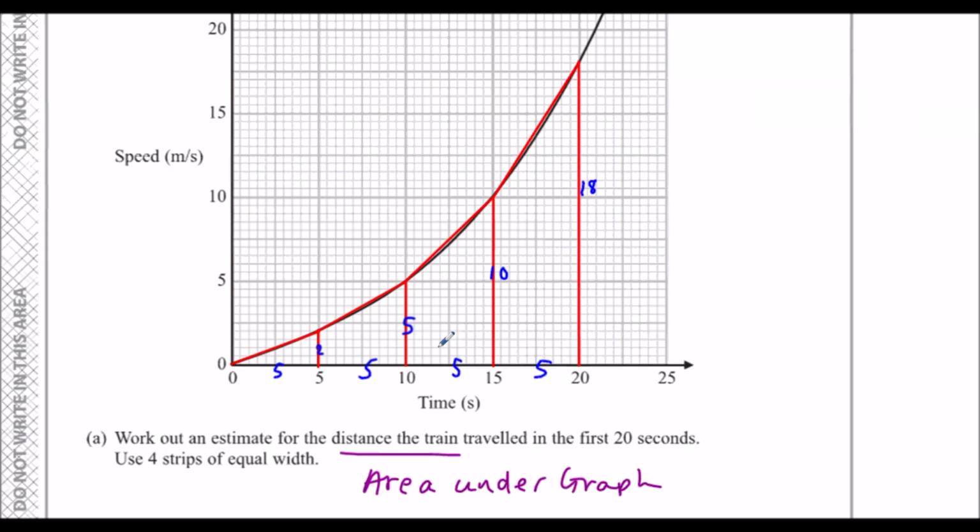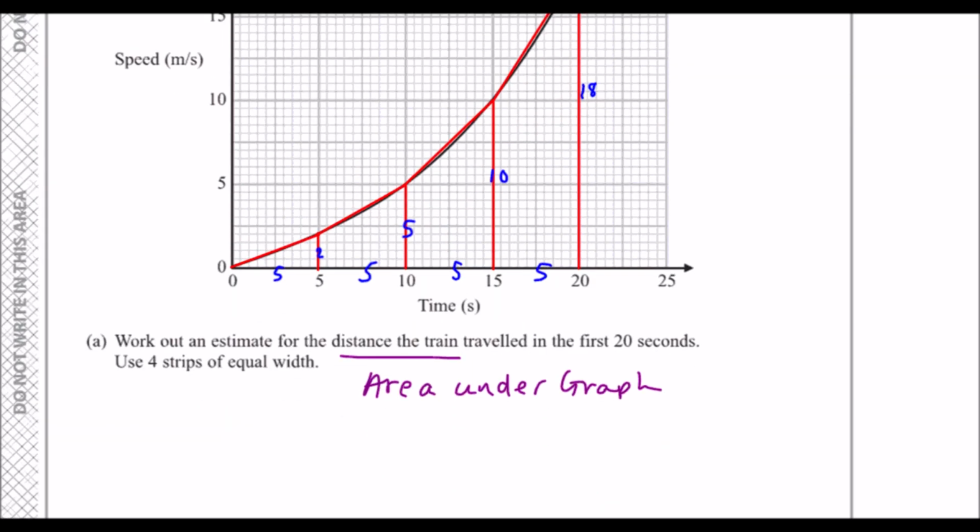So we're going to work out the area of each of these strips. The first one, we've got half base times height. So half times 5 times 2, which is 5 for the first strip. The second one, we can either cut it into a rectangle and a triangle, or do it as a trapezium.